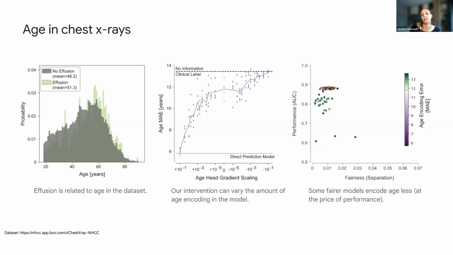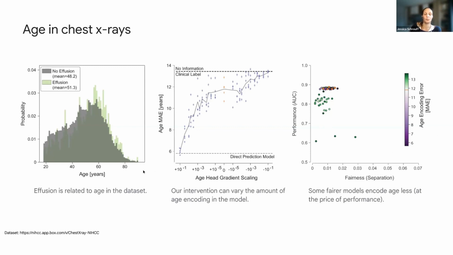And then we see that these models are a bit unfair, and they perform quite well. There are some models that are more fair that you could pick, but it will typically come at the cost of some performance. And so there is a relationship between age, encoding, and fairness, although it's not super striking.